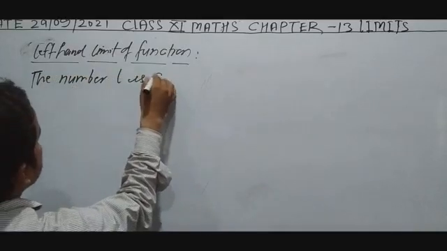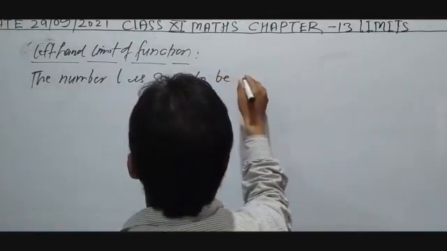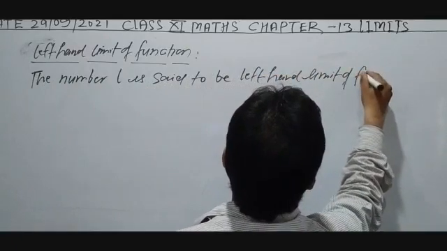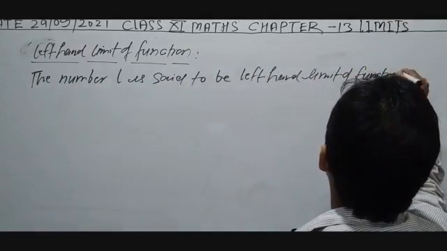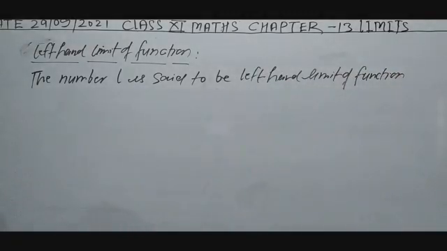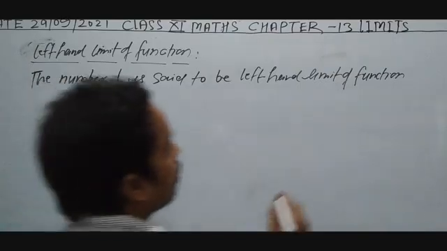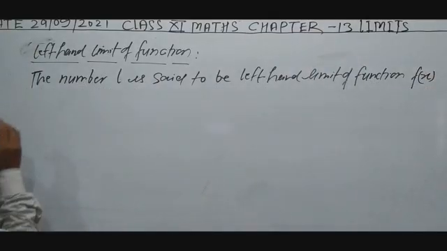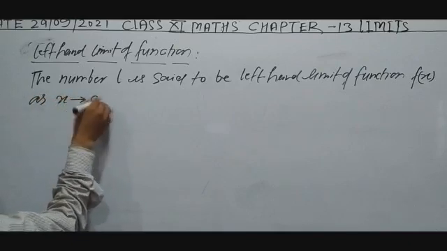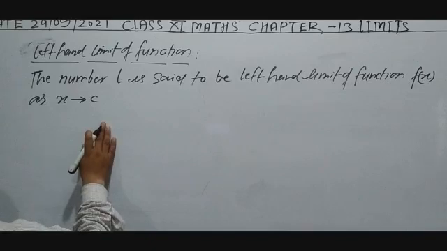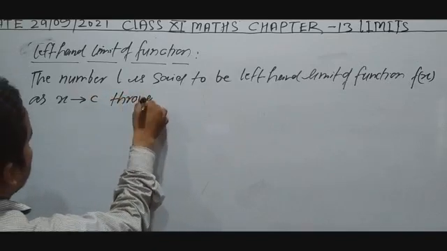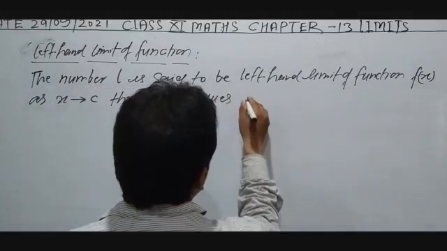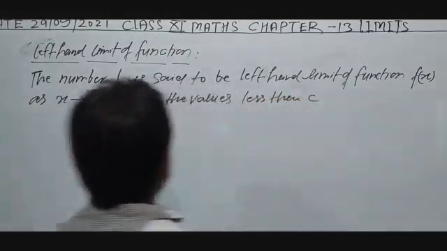The number L is said to be the left hand limit of function f(x) as x tends to c through the values less than c.